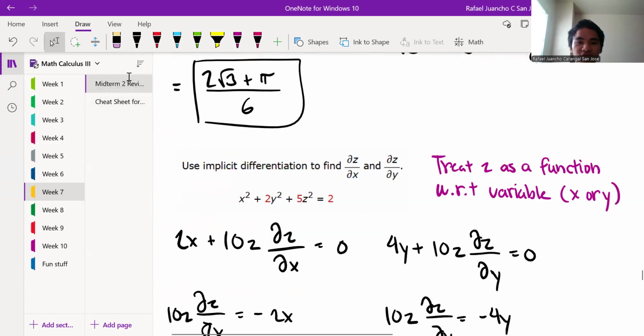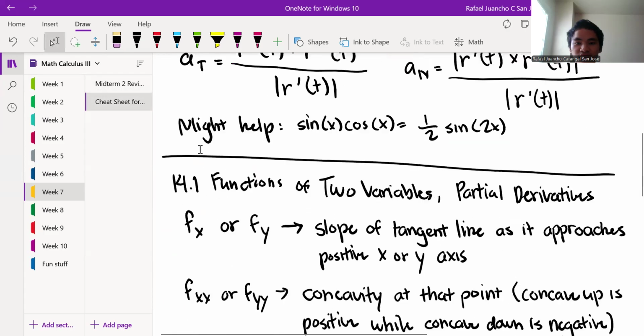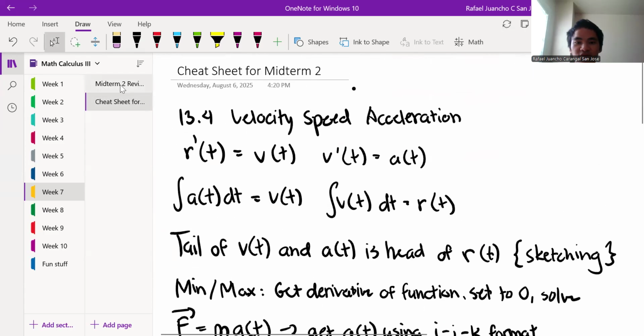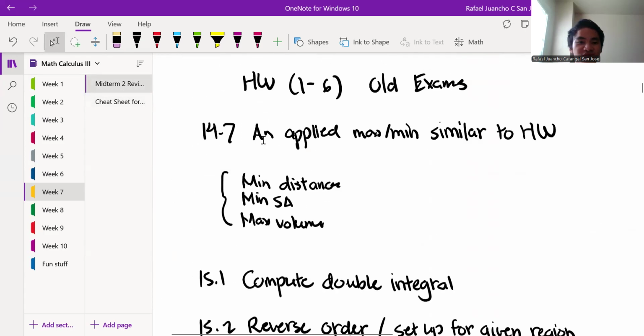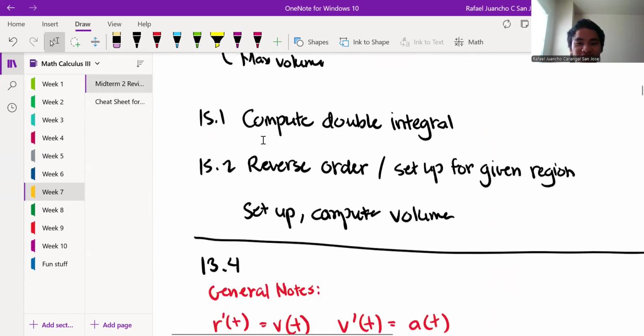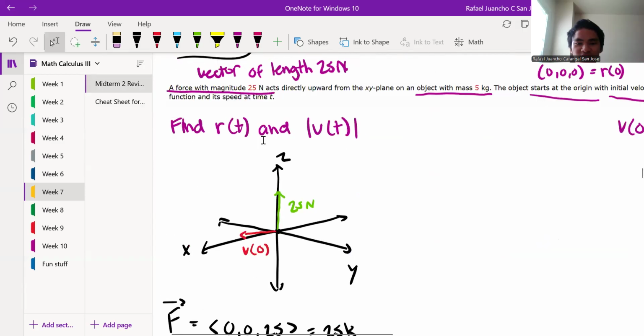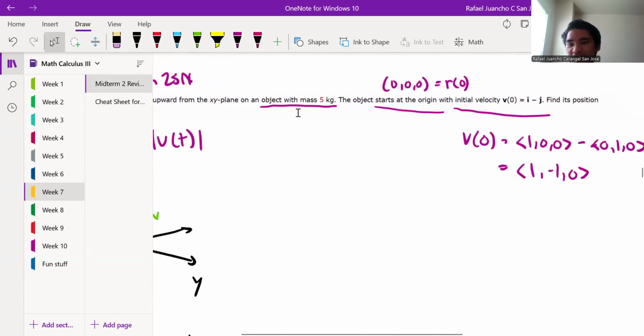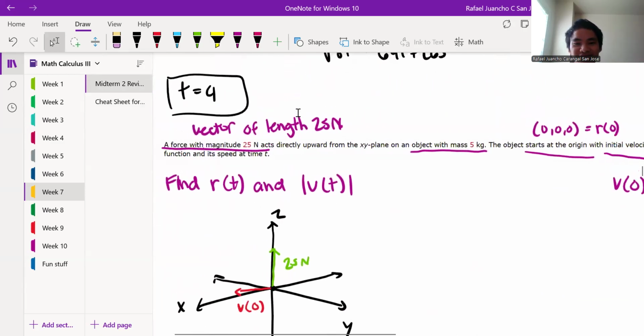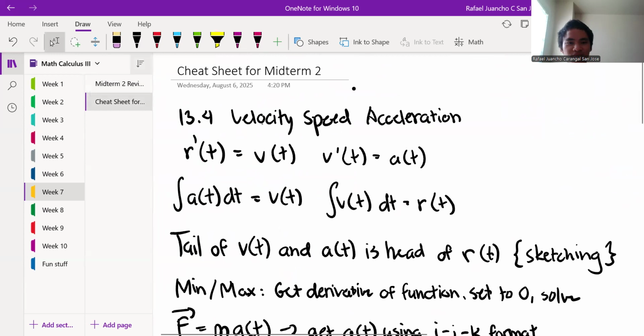No issues here whatsoever. Okay, just to get back to 13.4 for a bit. For 13.4, I want to specifically put the problem of this magnitude thing because I feel like it might come up somewhere. So something about force.